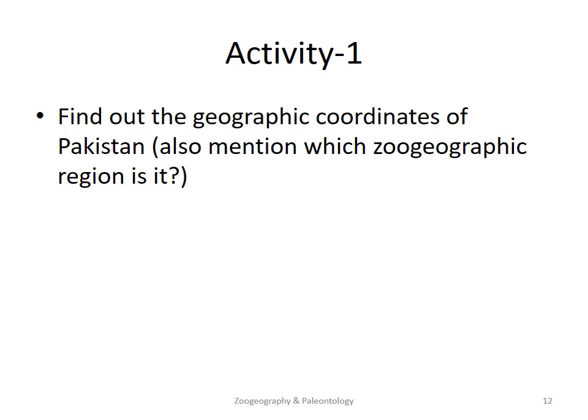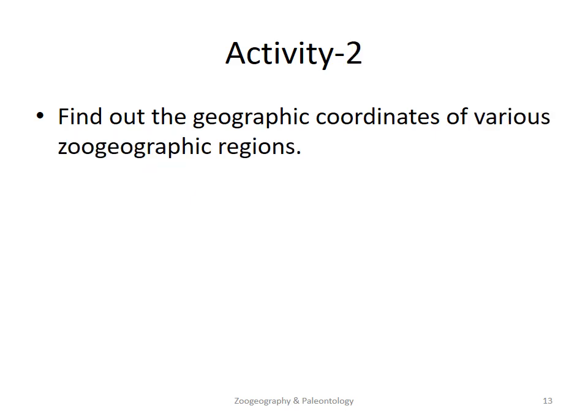For this activity, students can use the above given map of the world and the link given in the above slides. The same knowledge students can utilize to find out the geographic coordinates of various geographic regions.